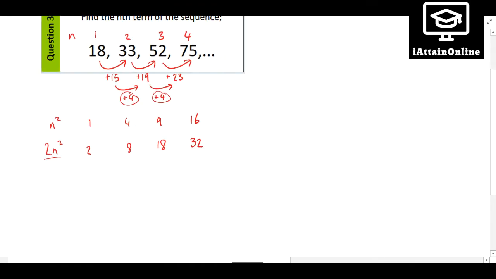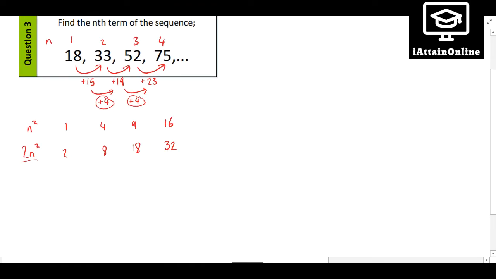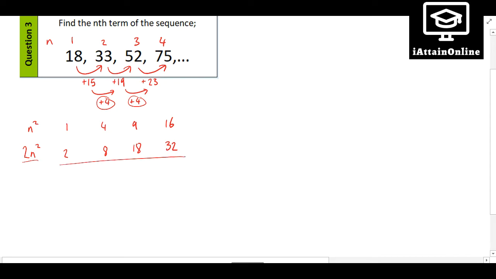Okay, now we're just going to take these numbers away from the original sequence. 18 take away 2 gives you 16, 33 take away 8 gives you 25, 52 take away 18 gives you 34, 75 take away 32 is going to give you 43.